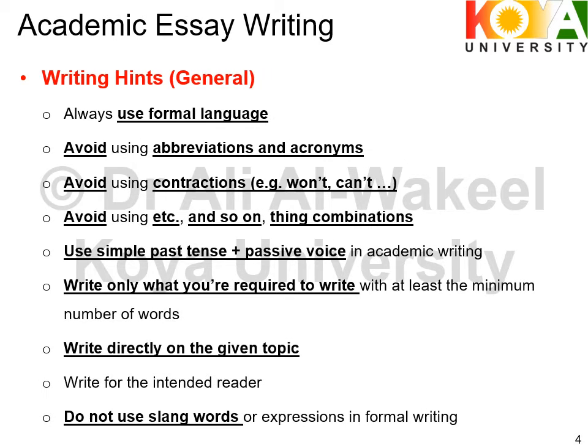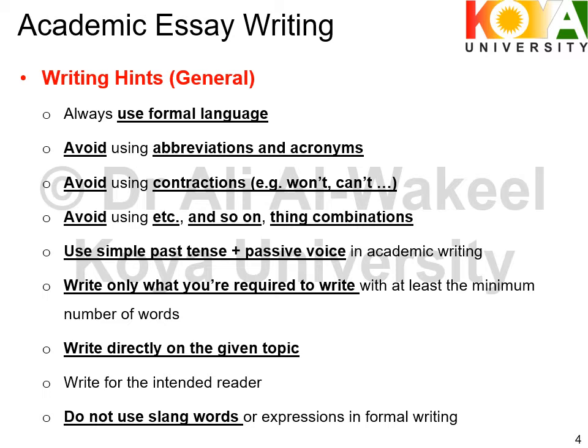Whenever you write an essay or a report, you must use formal language. Abbreviations and acronyms should be avoided. If you have to use these, keep them to the minimum. Contractions like don't, won't, can't, and similar ones should not be used.